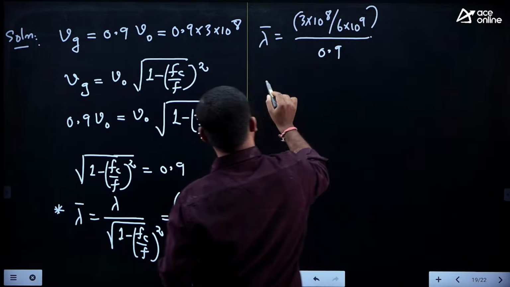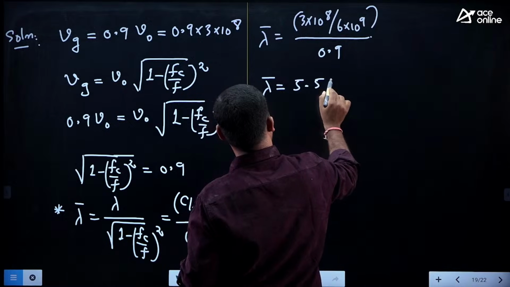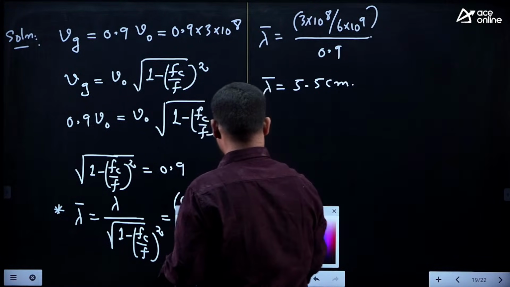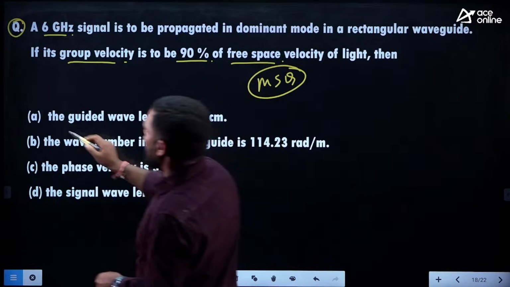So it is 3×10⁸ divided by the operating frequency, 6 gigahertz, 6×10⁹, divided by 0.9. Check out this value, guys. I think it is 5.5 centimeters. Yes, am I correct with algebra? So option A is the correct one.